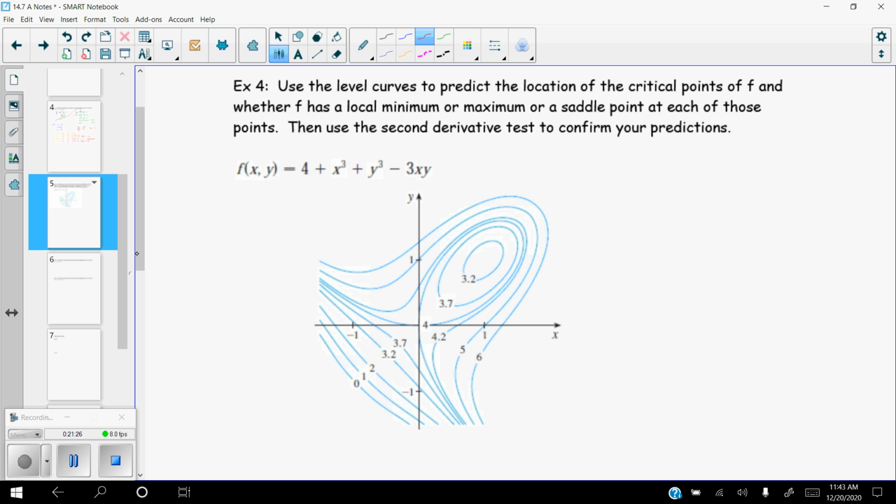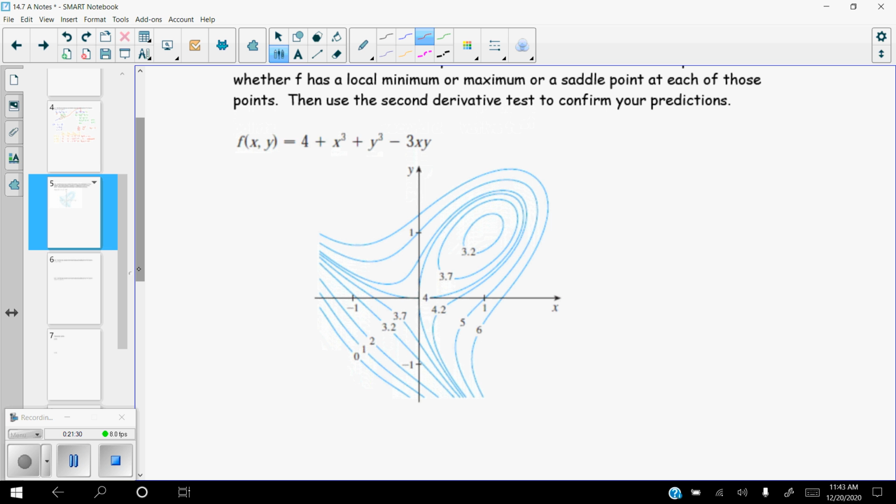All right, so if we look at what's going on in these level curves, what it looks like is, if I look at how these curves are going perpendicular to the curves in this direction right here, I can see that the heights are increasing. It goes from 0 to 1 to 2 to 3.2, 3.7, all the way up until it gets to 4 right here in the center, and then it starts to go back down.